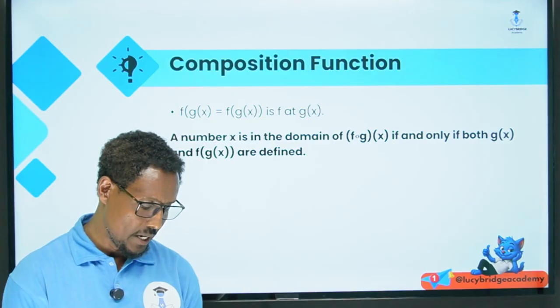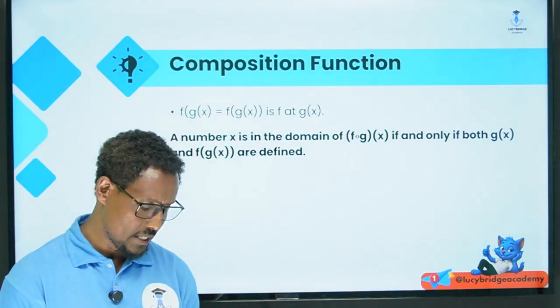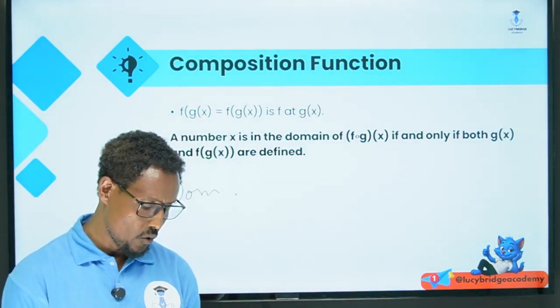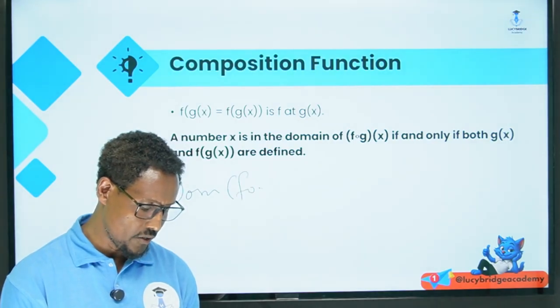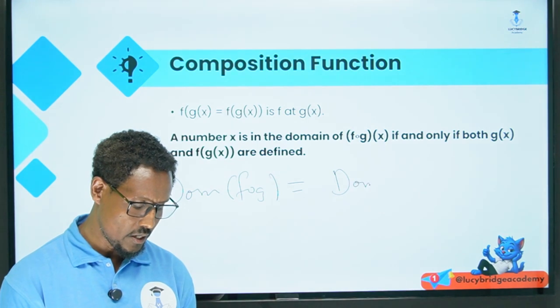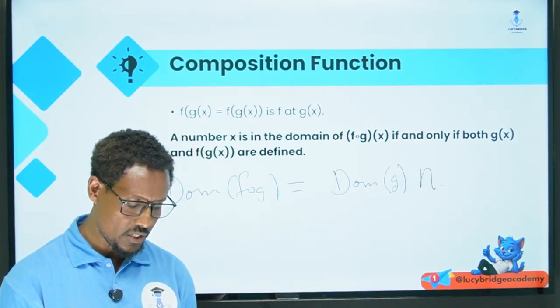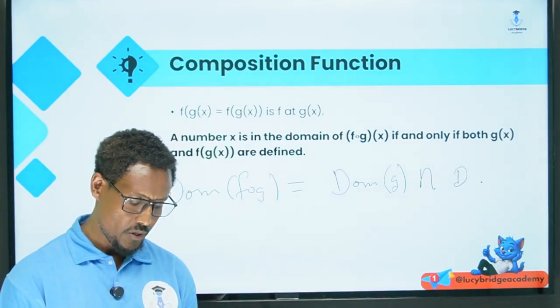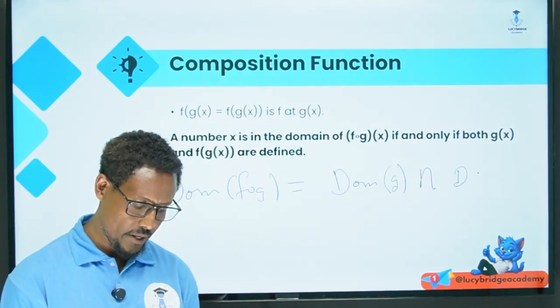Domain of, በሌላ አገላለጽ domain of f circle g of x is equal to domain of what? Domain of g intersection with domain of f circle g.